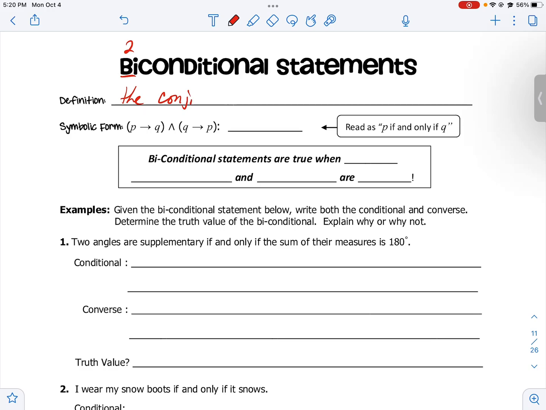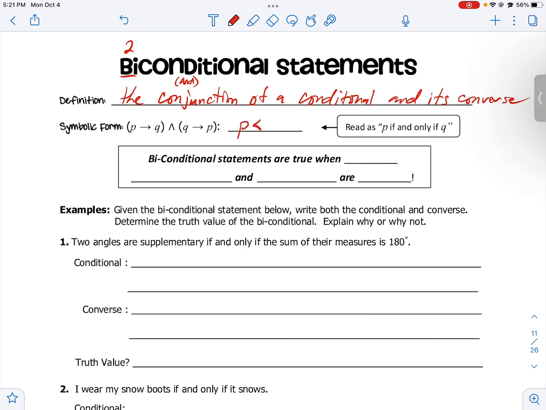It is the conjunction, the "and," of a conditional and its converse. And the converse is the switcherooski, right? So in symbolic form, it is P then Q and Q then P.